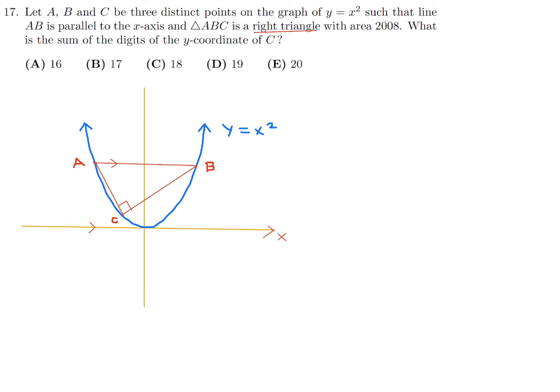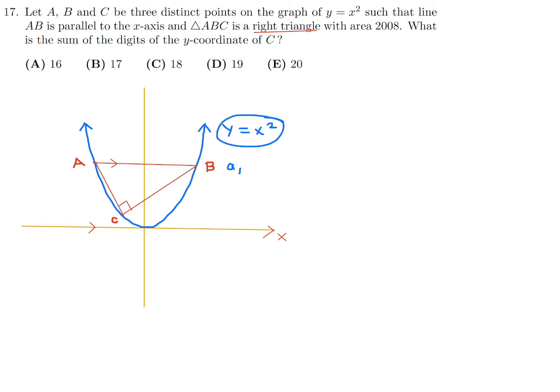Let's proceed. Now I've got to give these guys coordinates, right? So B is going to be some coordinate. Whatever you want to call it is fine. The letter that you choose is not important, but I'll just call it a.